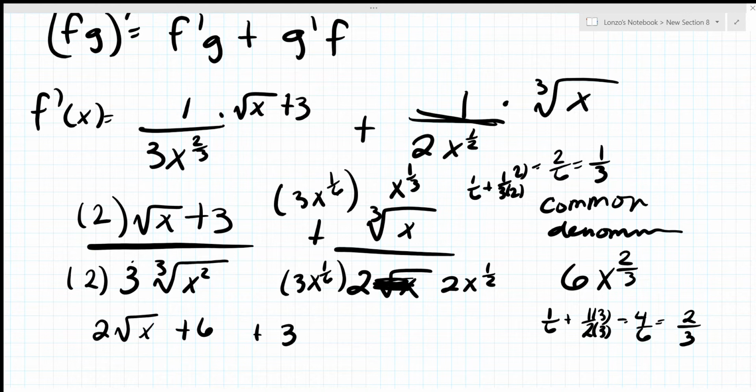I'm trying to think, did I make a mistake? So this is 3x to the 1/6, and then cube root of x is the same thing as x to the 1/3. This actually should be, when you add, 3 times the square root of x.